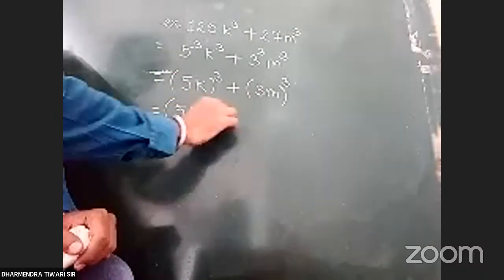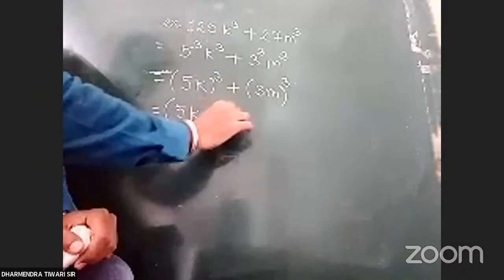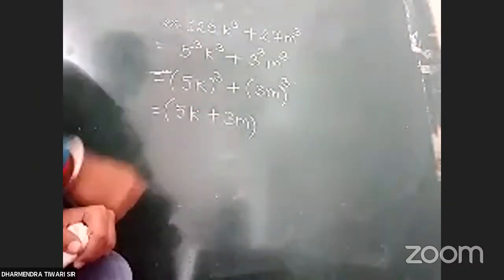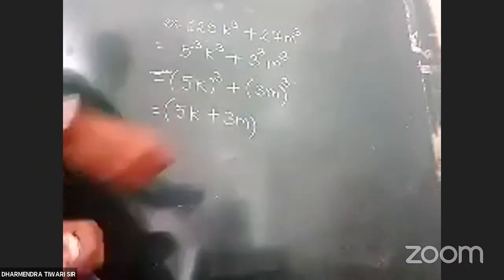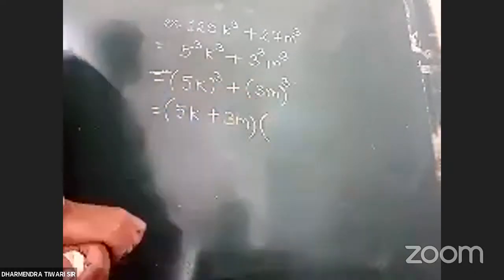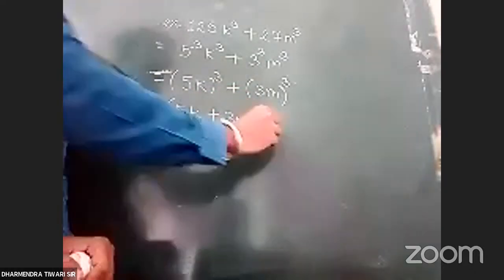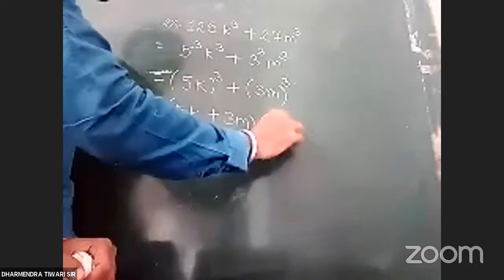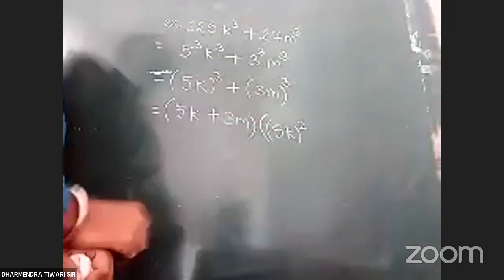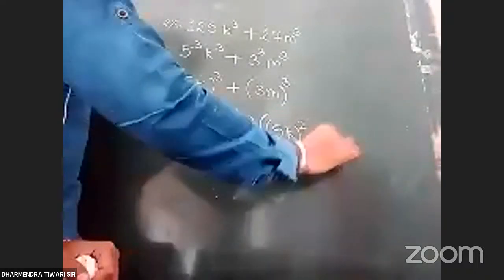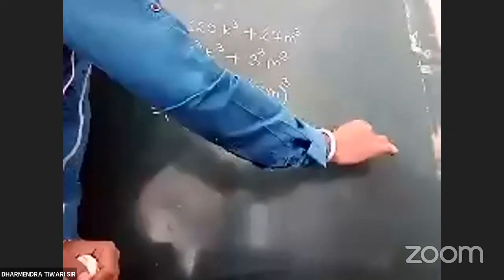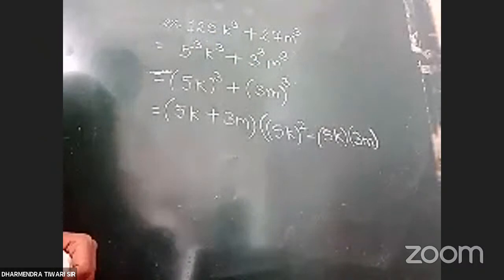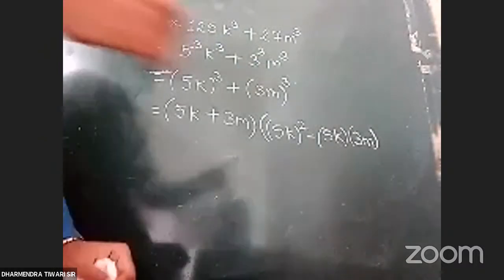5k plus 3m, that is a plus b. Now go for its second bracket, that is 5k square minus 5k into 3m plus 3m square.